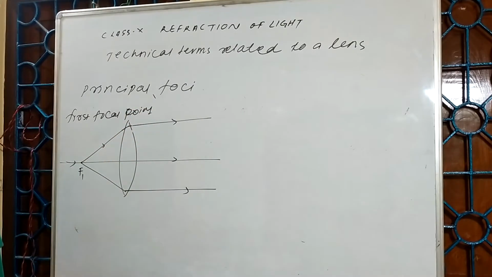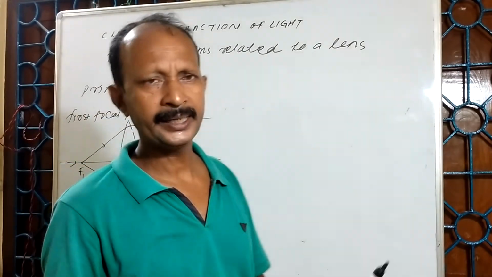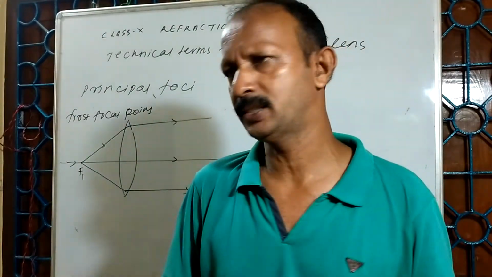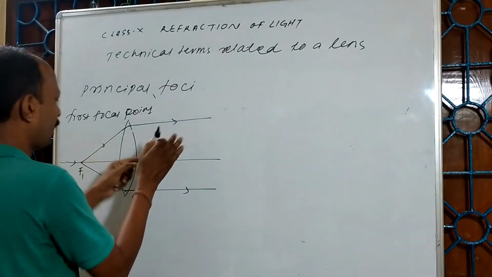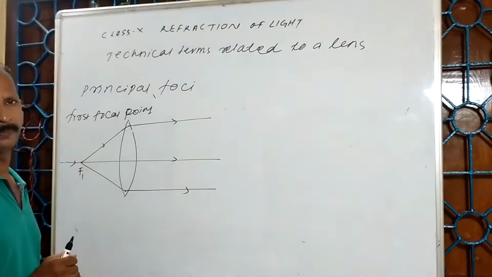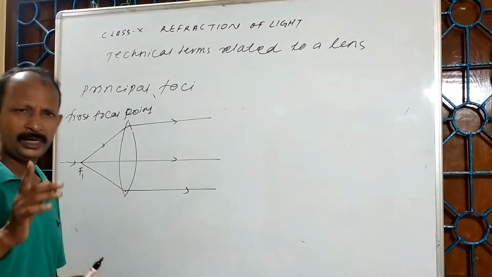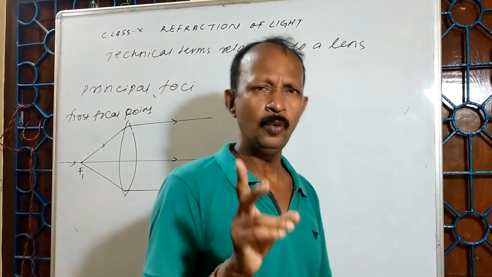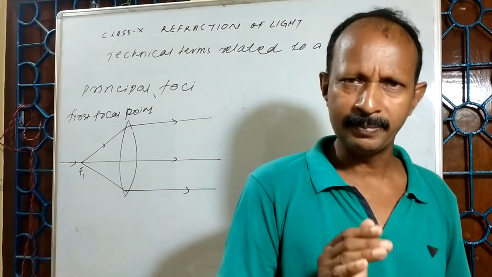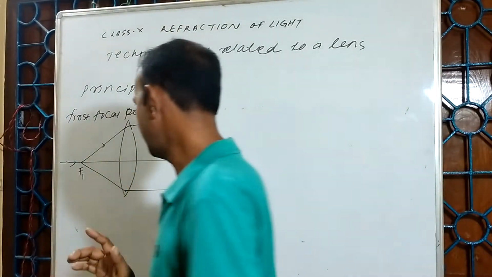In case of a lens, light ray can travel from either side, either from left to right or right to left. That's why we'll get two focal points, one on the left side, one on the right side.